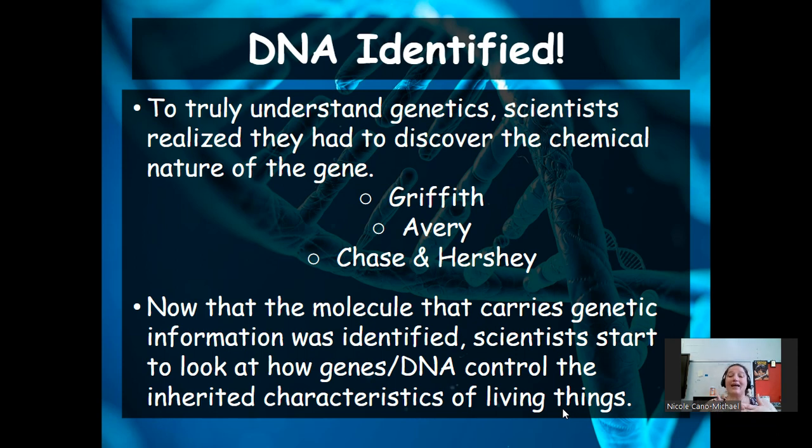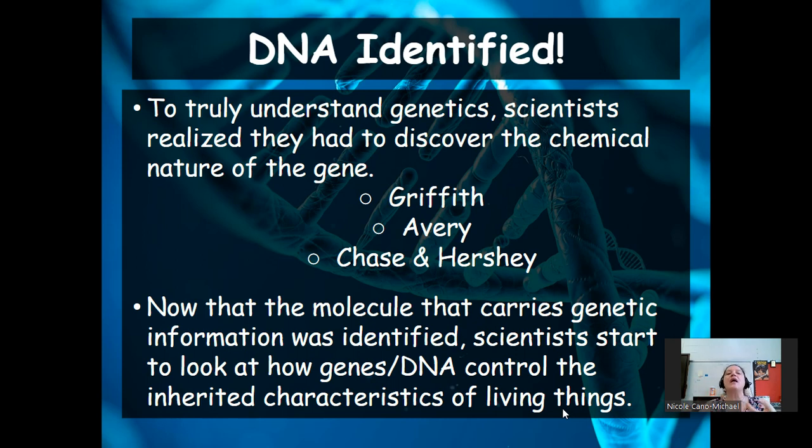In order to do that, we had to look at the 4 macromolecules, and the classic experiments to identify DNA as the molecule for genetic inheritance. Griffith did the transformation experiment. Then we had Avery. Avery was the first to identify that DNA was the source of genetic information, but no one believed him.